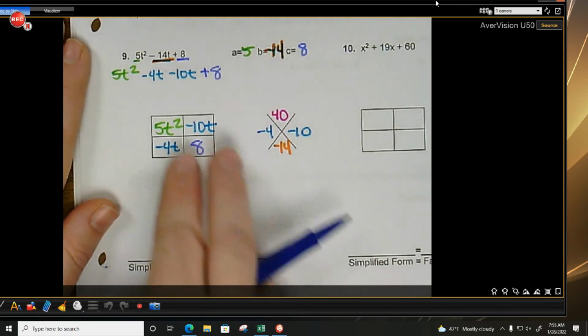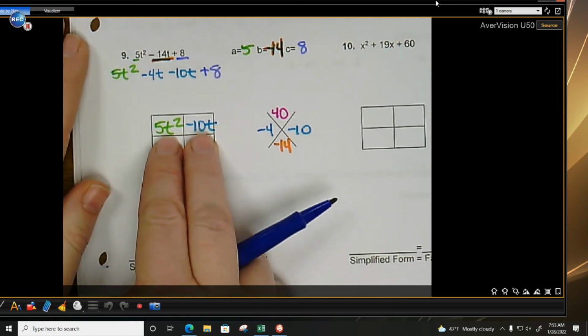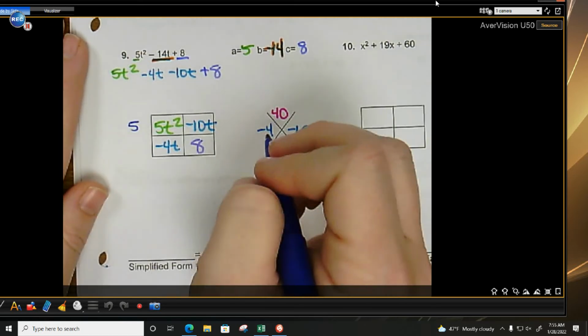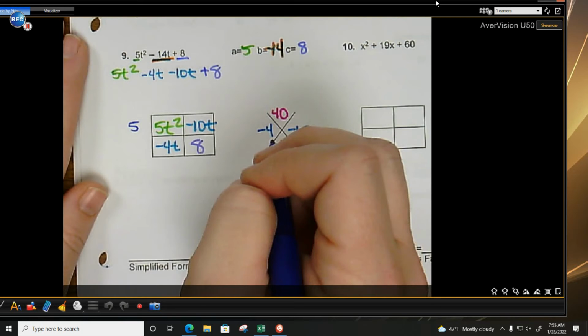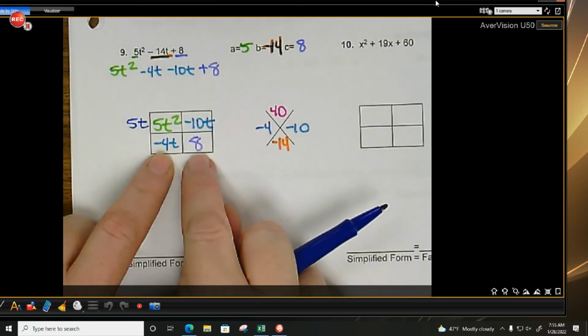What are 5 and 10 both divisible by? You keep dividing them. 5, there we go. 5, and they both have a what? T. Yes, the variable.